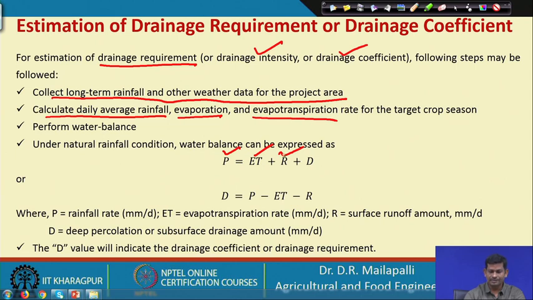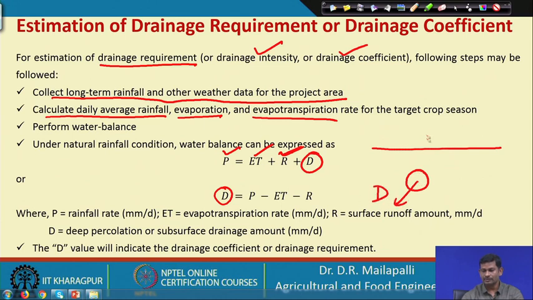R is the surface runoff. Then using the water balance equation, D is the drainage. So, the drainage is equal to P minus ET minus R. Generally, if you have the drainage system here, this is drained water, this is precipitation, and this is R, runoff, and if you have a crop, then ET will be taking place.